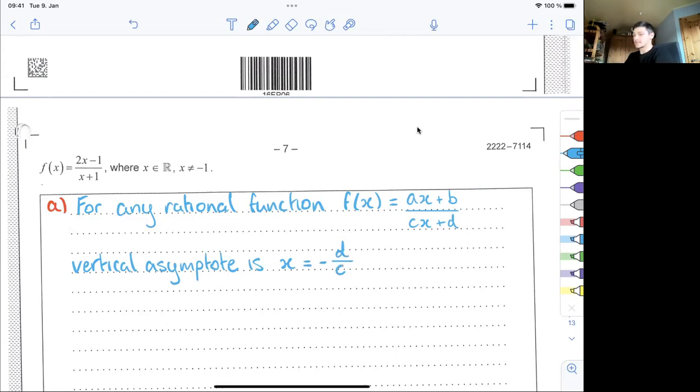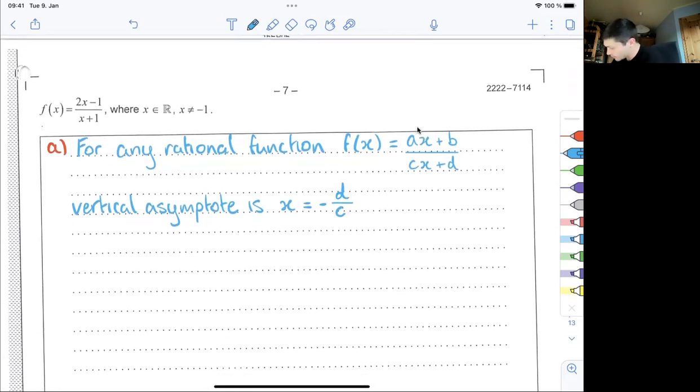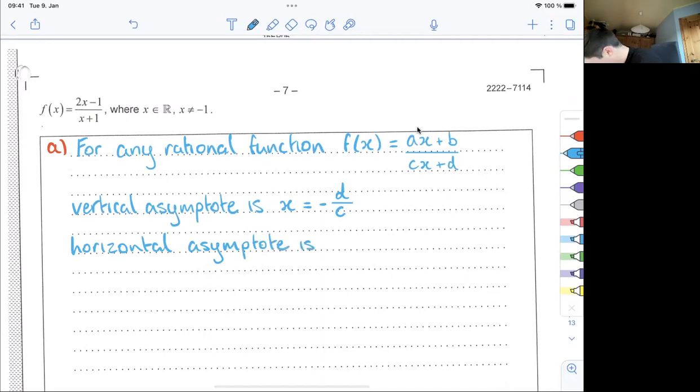You'll see that this is essentially the value of x that makes the denominator equal to 0. And equally, for the horizontal asymptote, it is y = a/c. So effectively, the coefficients of x divided by each other. So yeah, a over c.